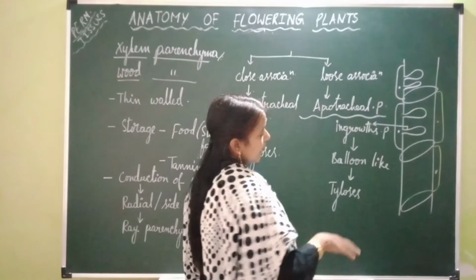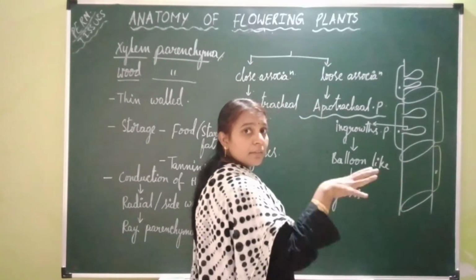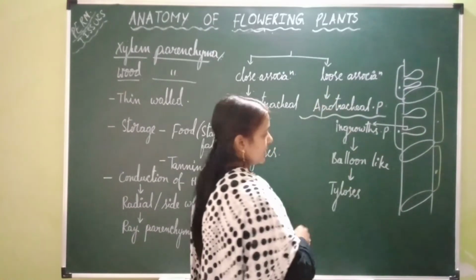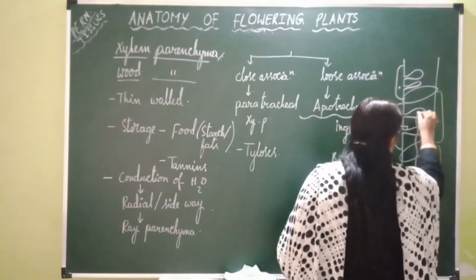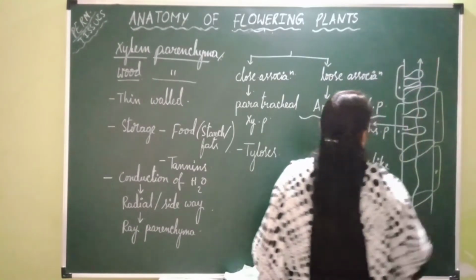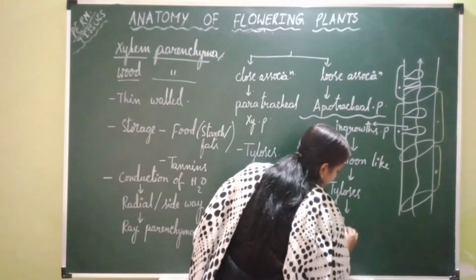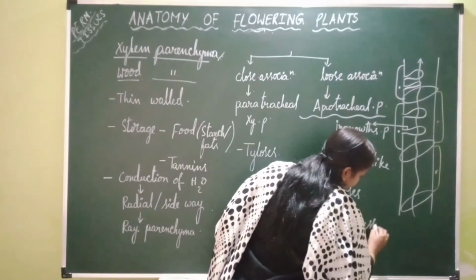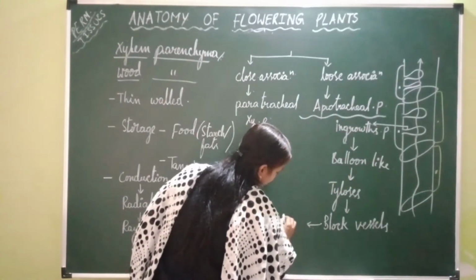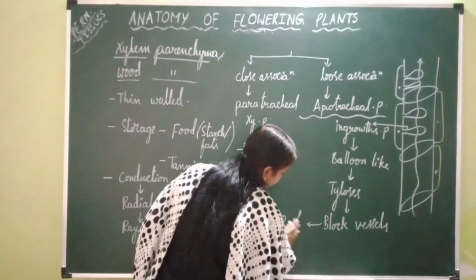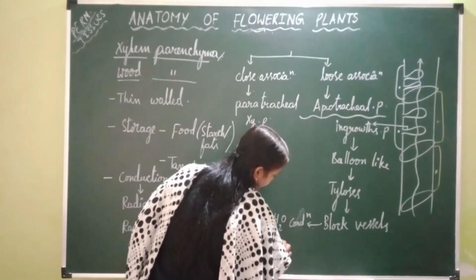These tyloses are blocking the vessels. So what happens due to this? The water conduction through these vessels is prevented. So tyloses block these vessels, and hence water conduction through these vessels will be prevented.